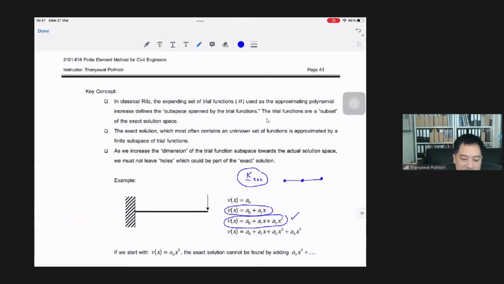But if you increase the number of nodes to 3 nodes, then you are essentially increasing the dimensions of the element stiffness matrix. So from a 2 by 2 matrix, you are increasing to a 3 by 3 matrix. Okay. So for a 2 by 2 matrix, you have 4 terms, right? What about a 3 by 3 matrix? You have 9 terms to be computed.